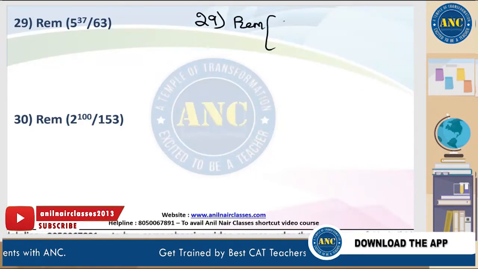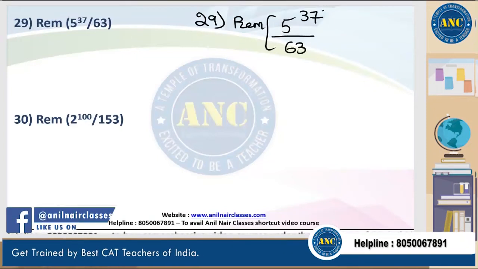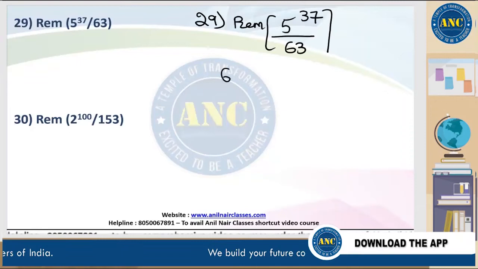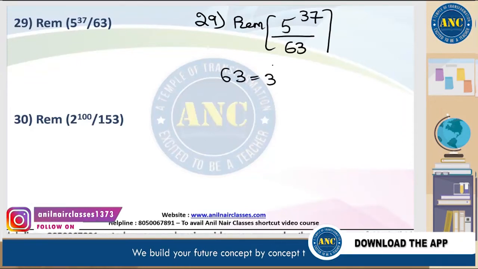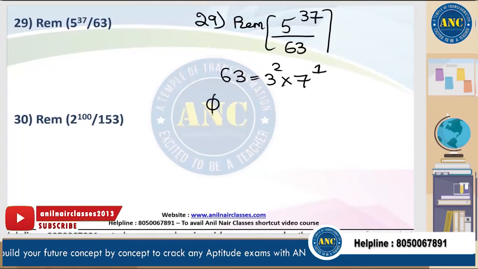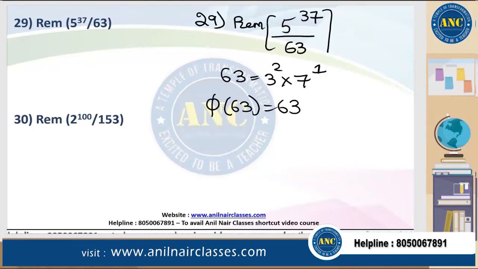Remainder when 5 power 37 is divided by 63. First thing, 63 is a composite number. So 63 is nothing but 9 into 7. So phi of 63 is nothing but n into. Out of 3 numbers, one number is divisible.